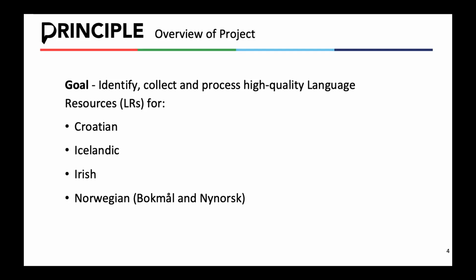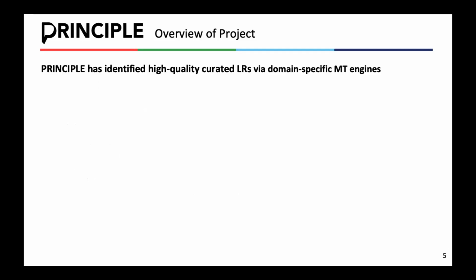As Vilmantas was discussing earlier, the amount of data that's needed for a well-functioning MT system, they identified these 4 languages as being particularly low in resources. So the idea was that we would identify what we're calling high quality language resources.